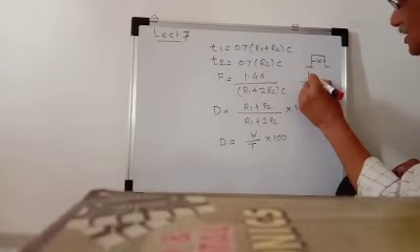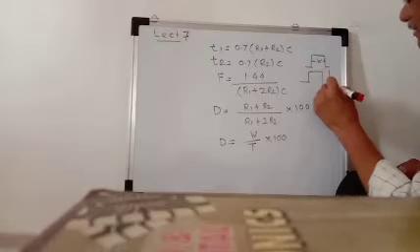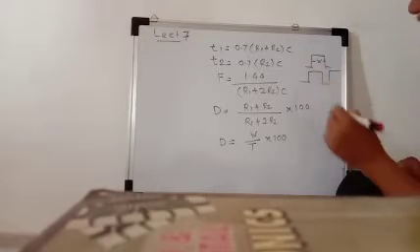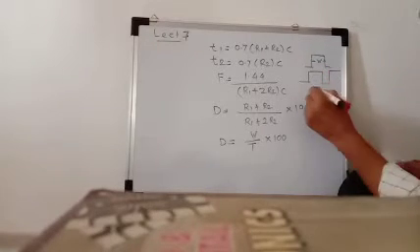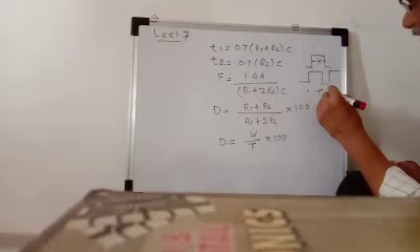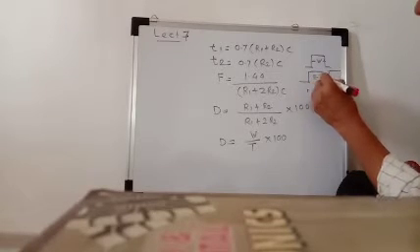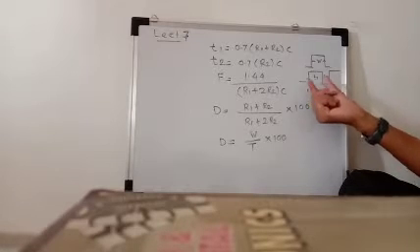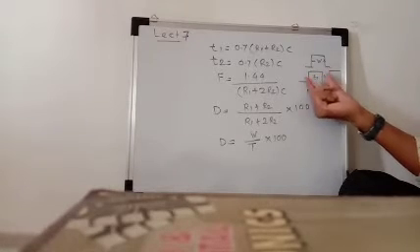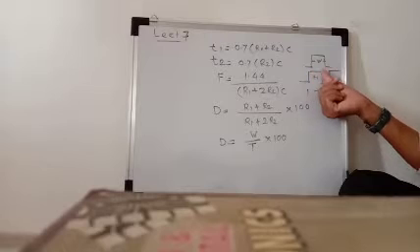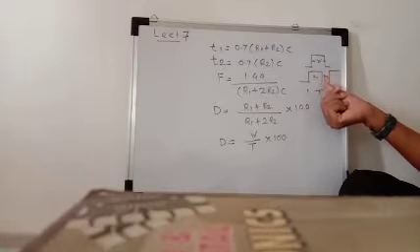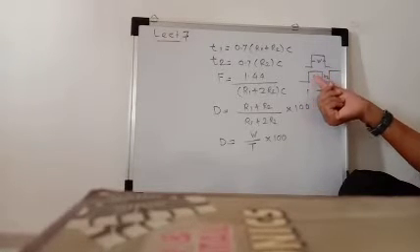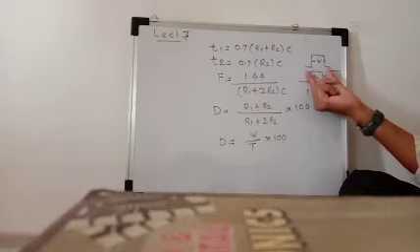So suppose this is the output waveform of an astable multivibrator. Then this is the total time T, and this is T1 and this is T2. Total time T is equal to T1 plus T2, and T1 is the charging time of the capacitor; for this duration of charging, the output remains high.